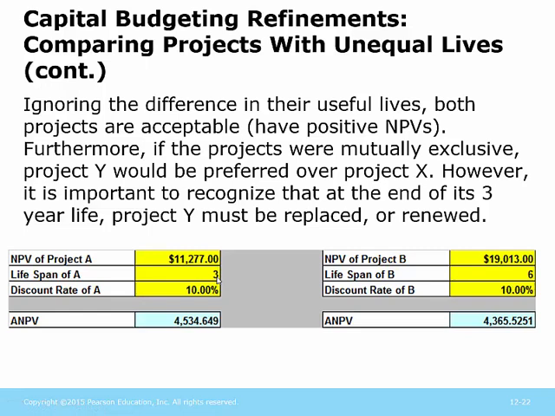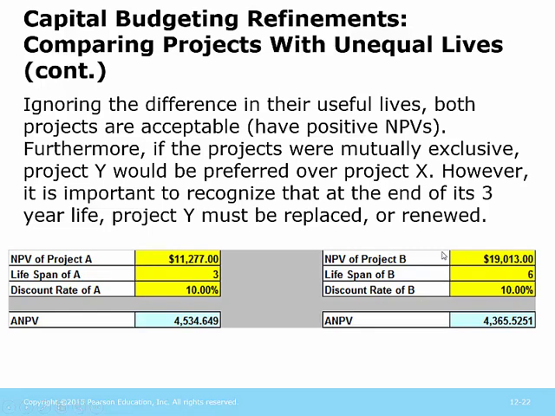So if we could convert this $11,000 in net present value to a time-adjusted annuity payment, how much would we receive each year? This ANPV is the annualized net present value. It's equal to $4,500.